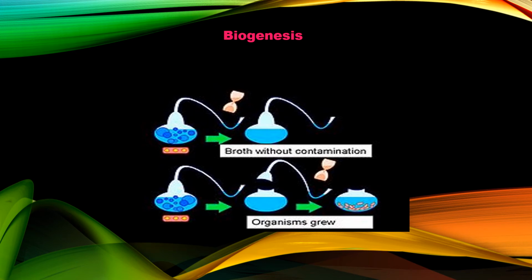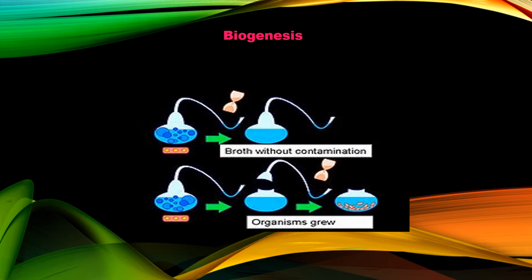Next theory is biogenesis. This theory was postulated by Louis Pasteur. He said all organisms are created from pre-existing life. He proved that using flasks. You see the diagram. The first flask is sterilized, with some killed yeast kept in it, then kept airtight.